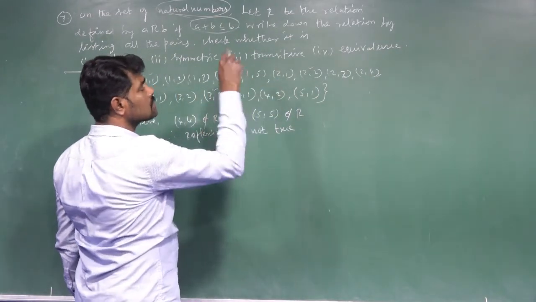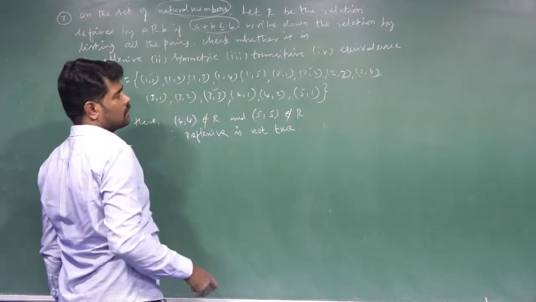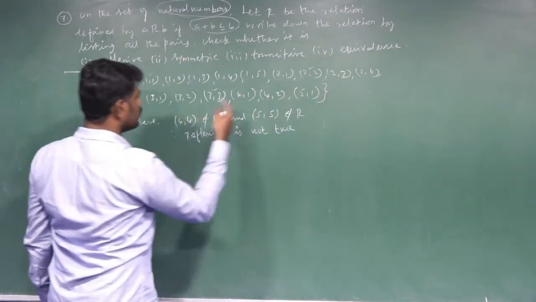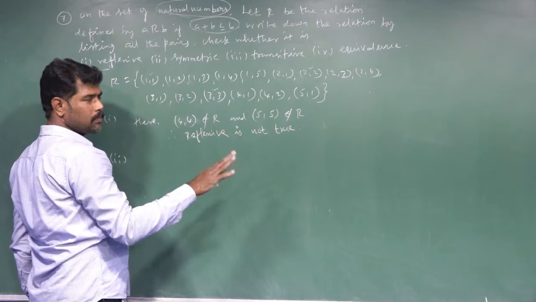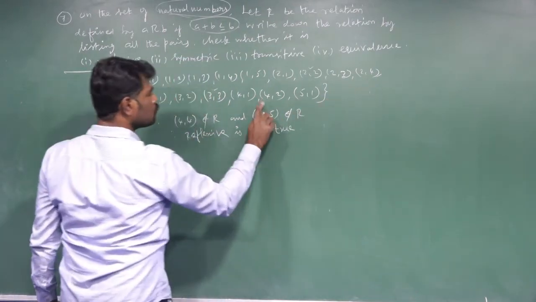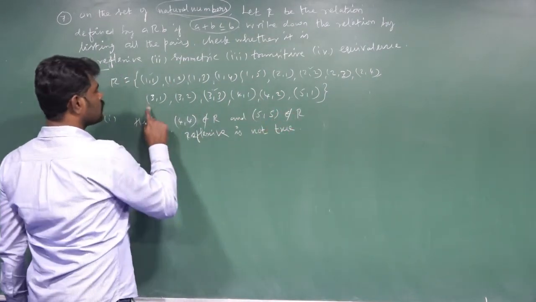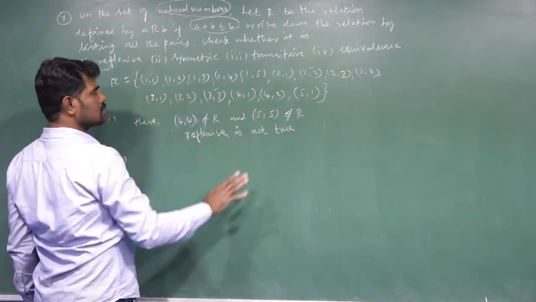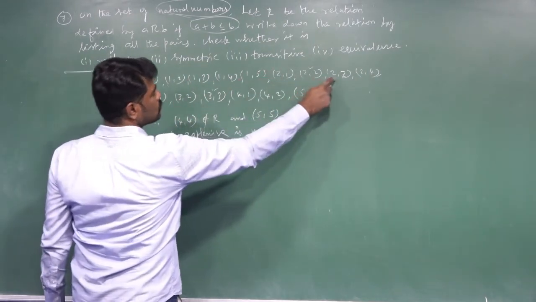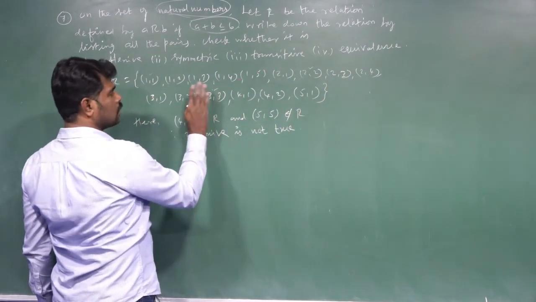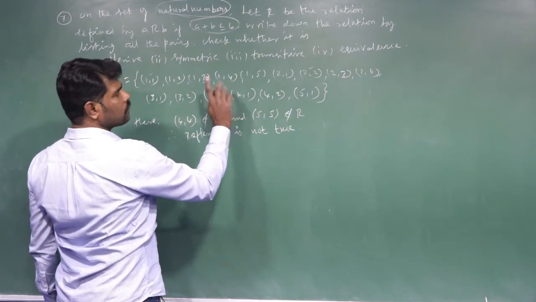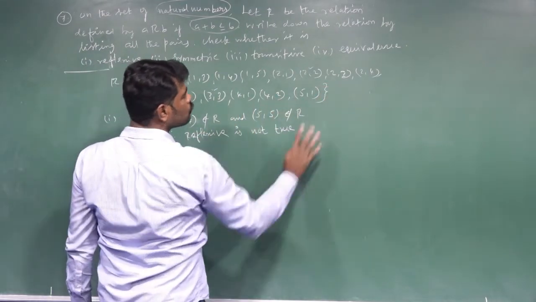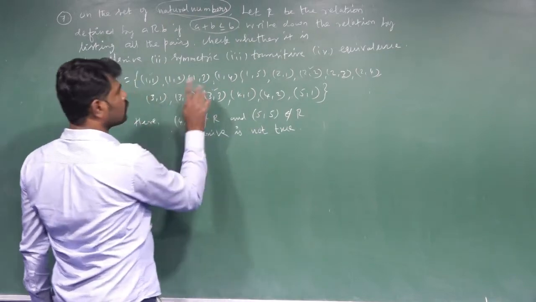For this, what is the symmetry that we should verify here? 2 3, then it is 3 2, possible. 2 4, 4 2, it is symmetric. 3 1, 1 3, symmetric. 3 2, 2 3, symmetric. 3 3 you can leave. 4 1, 1 4, symmetric. 4 2, 2 4, symmetric. 5 1, 1 5, symmetric.